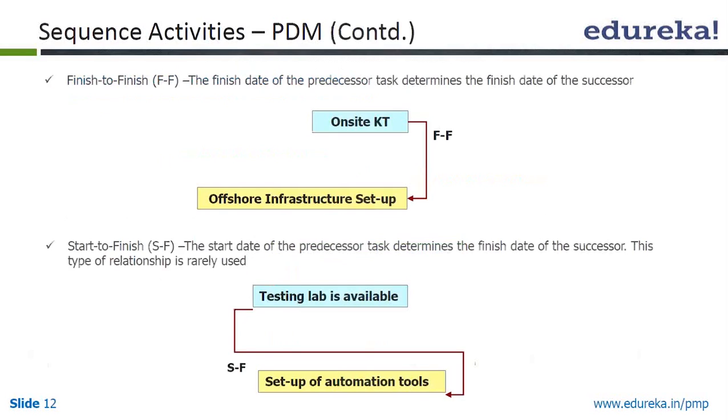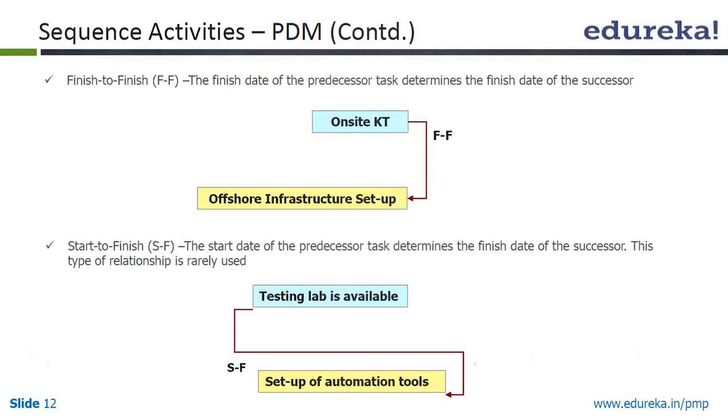Going to the next, the finish to finish relationship: the finish date of the predecessor task determines the finish date of the successor. So you cannot finish offshore infrastructure setup unless and until you finish on-site KT, or knowledge transfer.